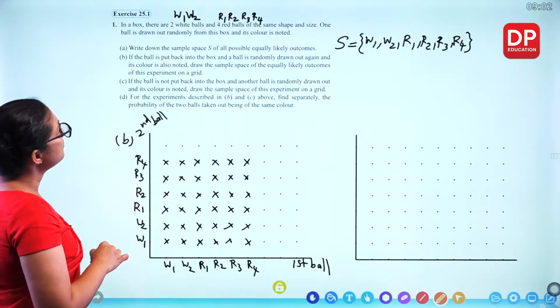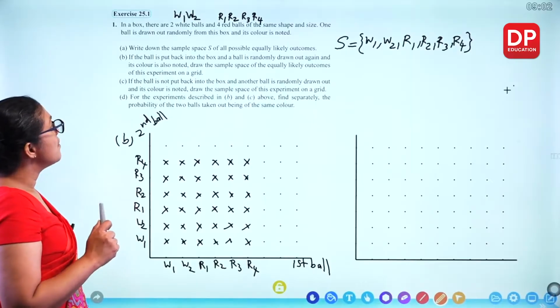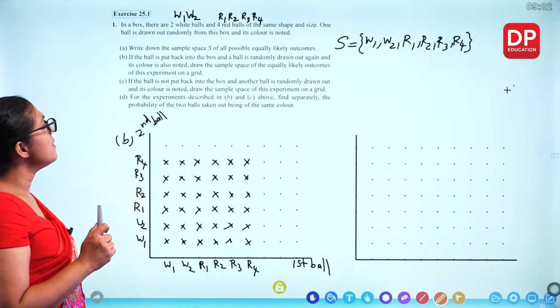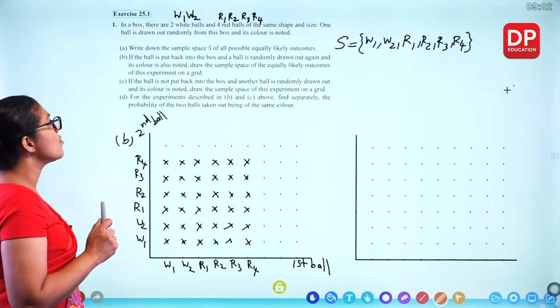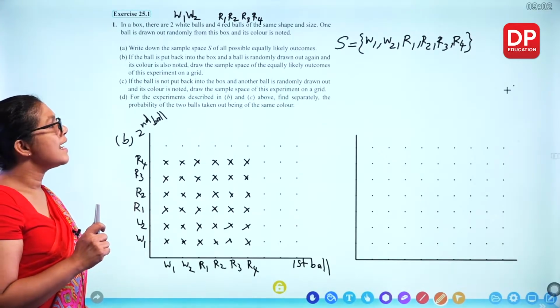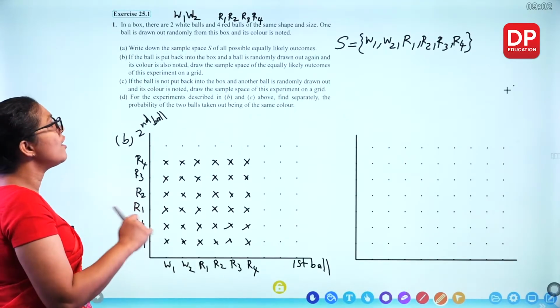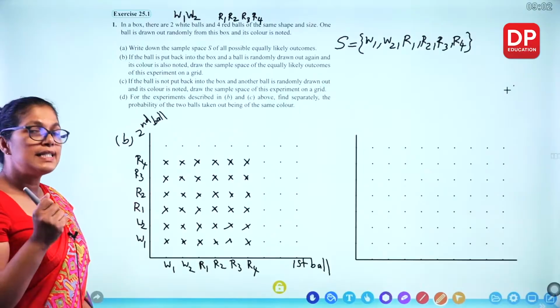Then part C. If the ball is not put back into the box and another ball is randomly drawn out and its color is noted, draw the sample space of this experiment on a grid. Now what happens? You are not replacing the ball. So that's a dependent case.